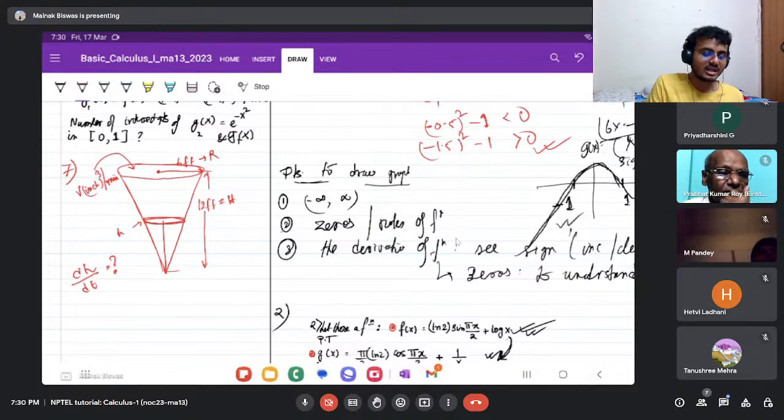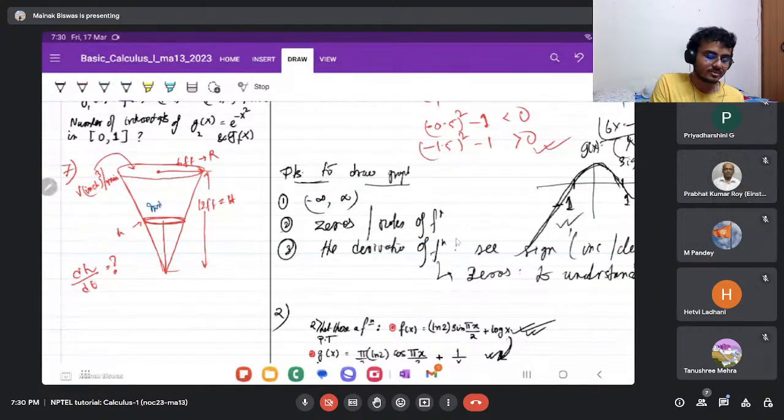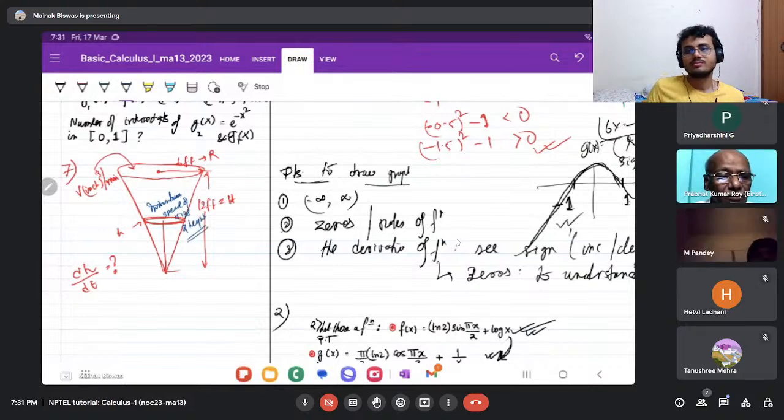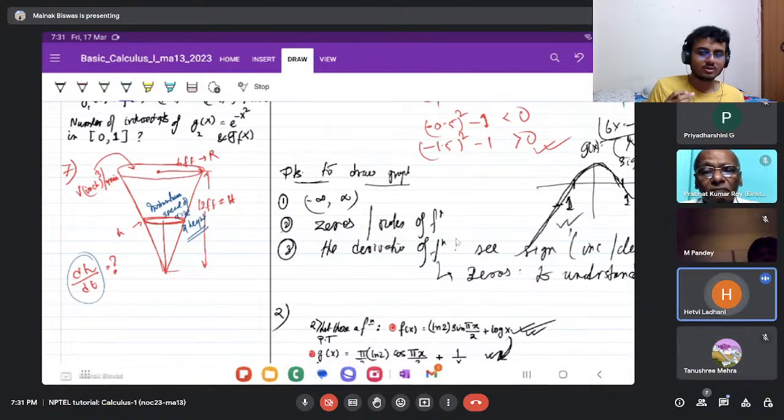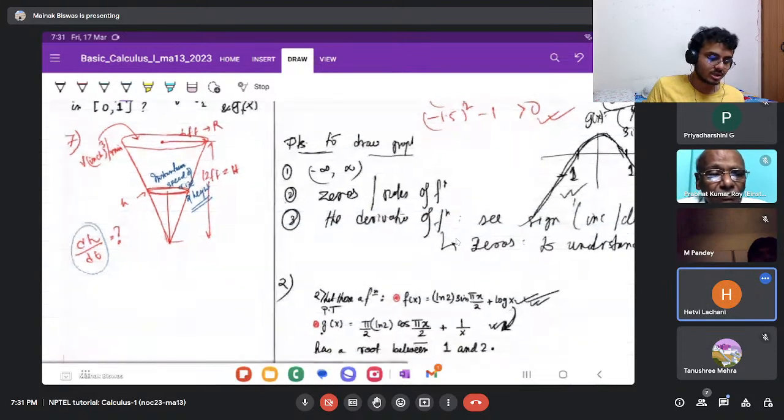It's telling what is the instantaneous speed of rise of height, right? Right, sir. So it's dH by dt. So others, did you understand the formulation? Yes, sir. Great. Let's go to the solution now.